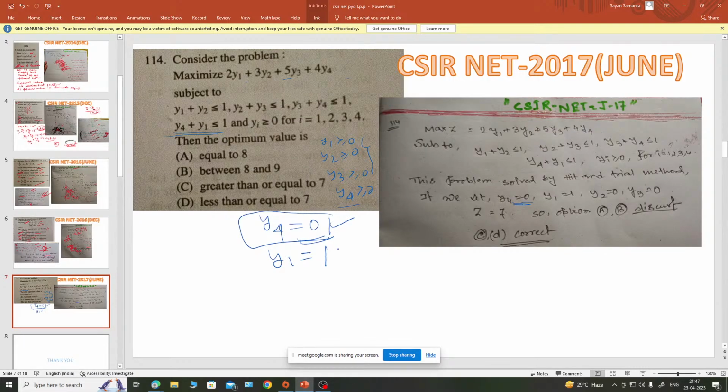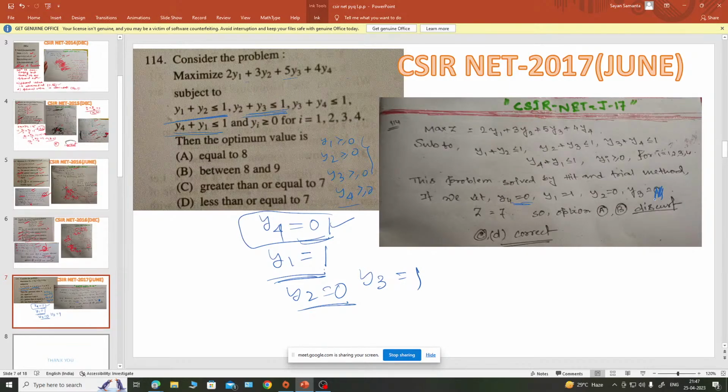Is it clear to everyone? Again, if we take y1 equal to 1, then in the first relation y1 plus y2 less than or equal to 1, obviously y2 is equal to 0. Is it clear to everyone? Again, if y2 equals 0, then putting this in the relation, we get y3 equal to 1. Is it clear to everyone?